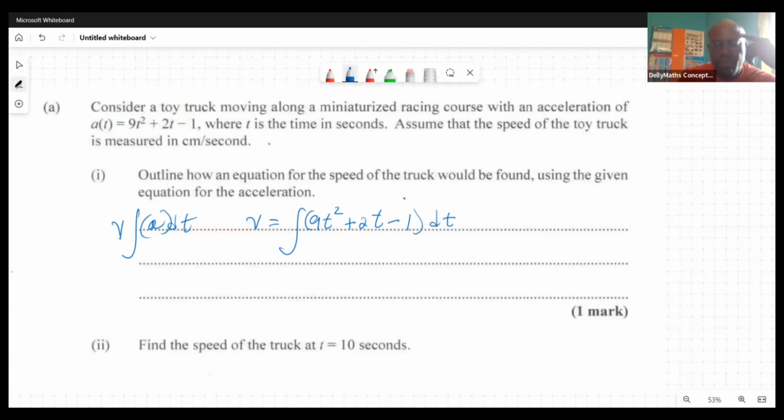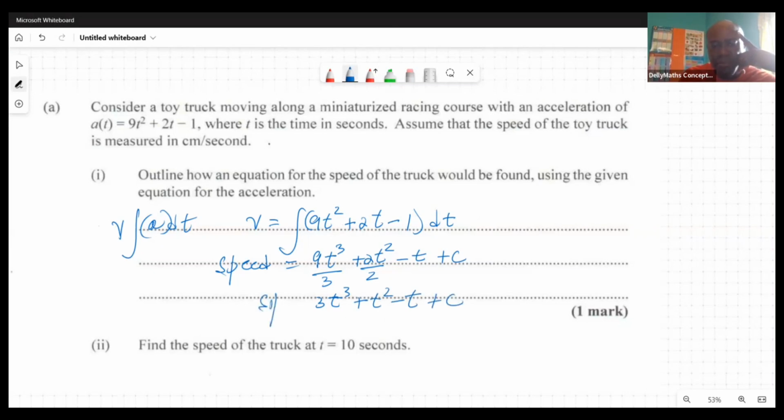So what are we getting? Our speed is going to equal 9t cubed over 3. We integrate by increasing the power and dividing by the new power, plus 2t squared over 2, and the integral of 1 is t, plus c. So this gives us 3t to the third plus t squared minus t plus c.